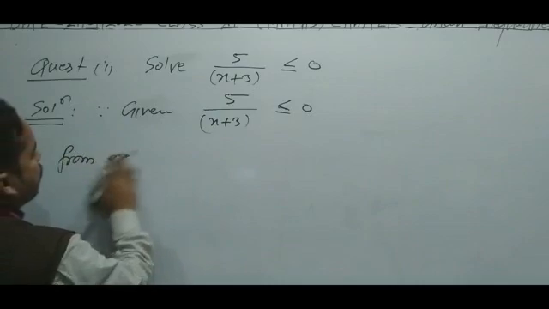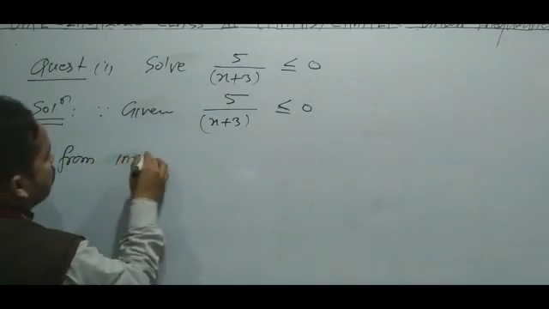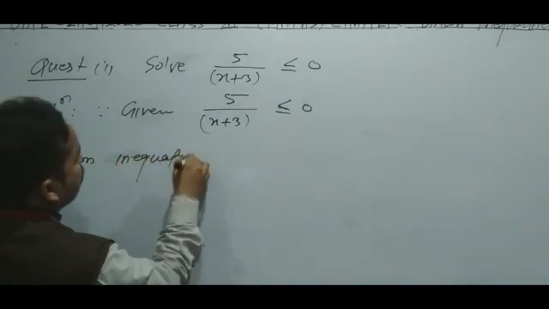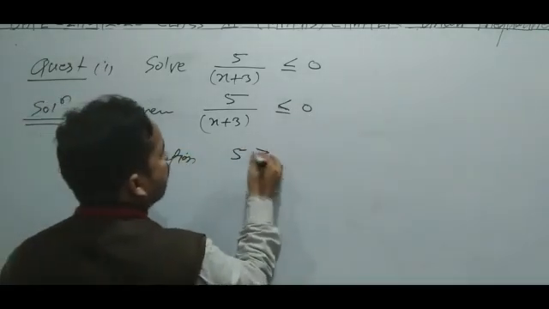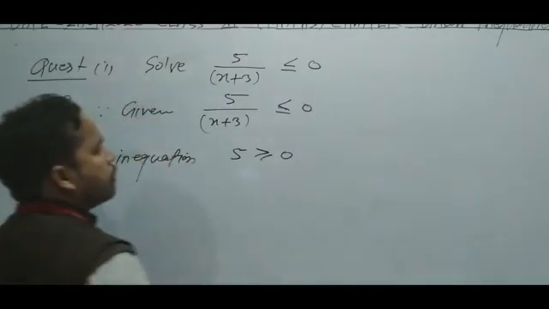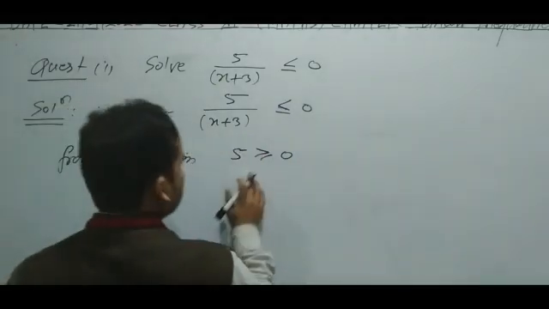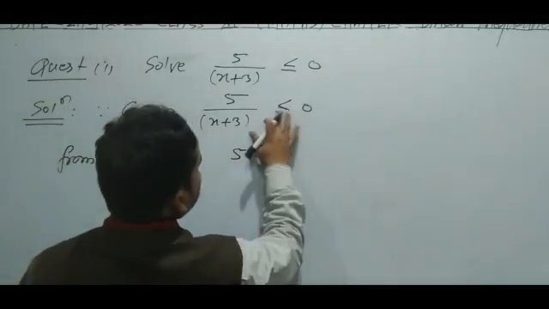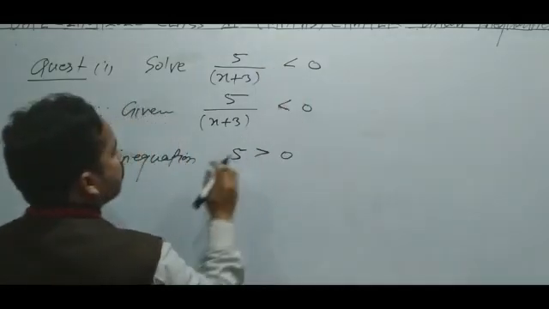Now you will see from this inequality, 5 is greater than or equal to 0, we can suppose. So this one we have to take, so 5 is greater than 0, you know.